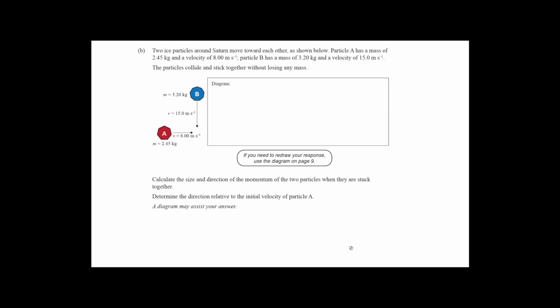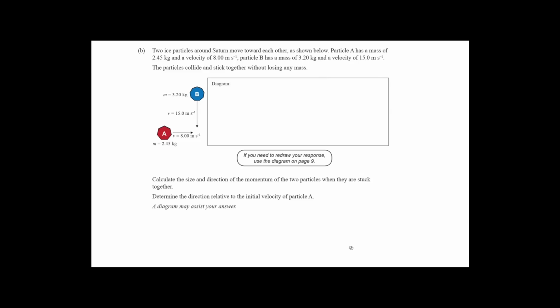So I guess here is particle B and particle A. Particle A, this one here, the red one, has a mass of 2.45 kilograms and a velocity of 8 meters per second. Particle B has a mass of 3.2 kilograms and a velocity of 15 meters per second.